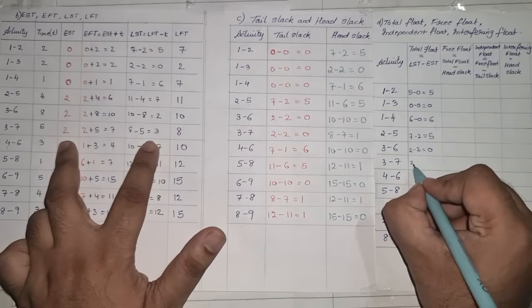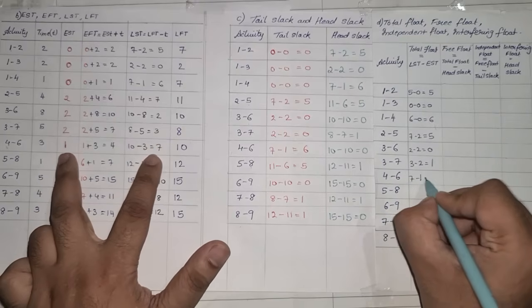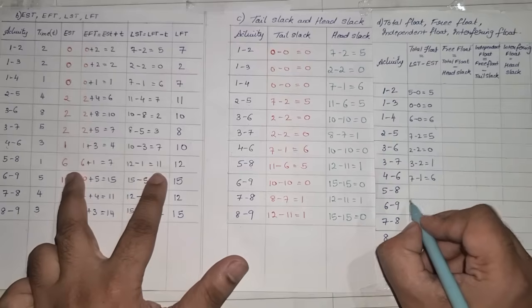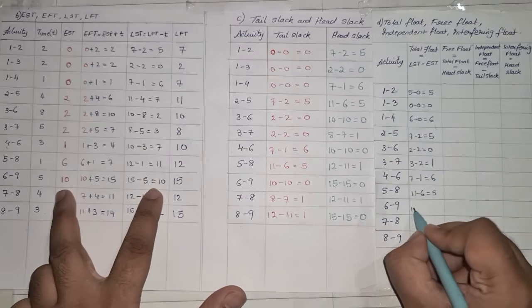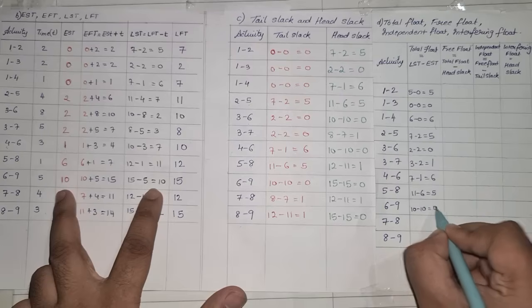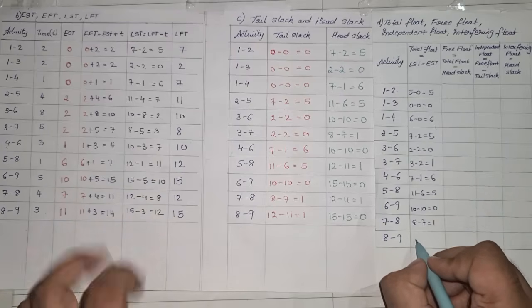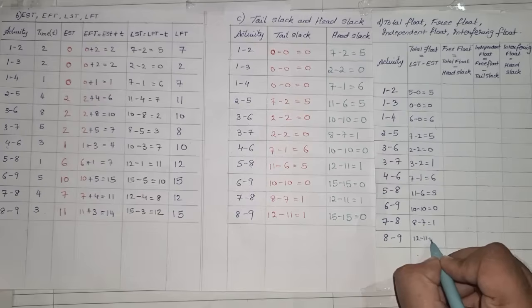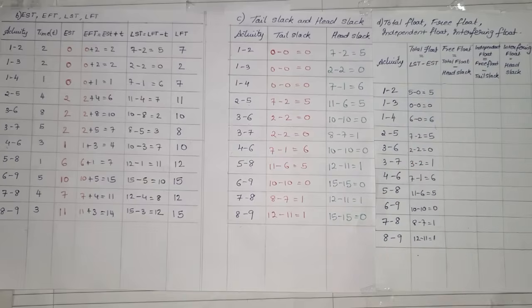Next is 3 minus 2, which is 1. 7 minus 1, which is 6. 11 minus 6, which is 5. 10 minus 10, which is 0. 8 minus 7, which is 1, and 12 minus 11, which is 1. Okay, that was total float.